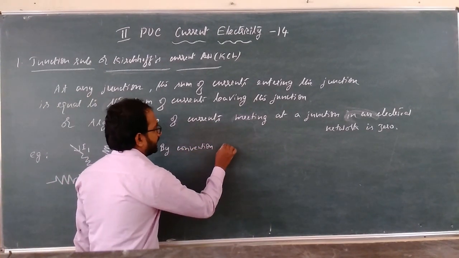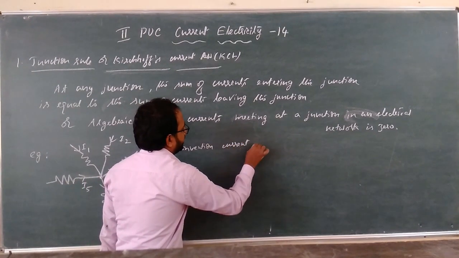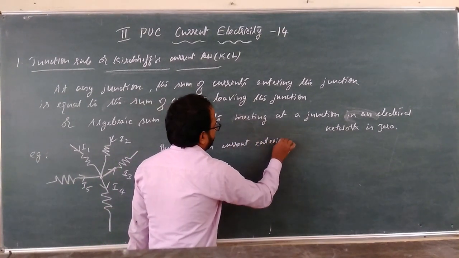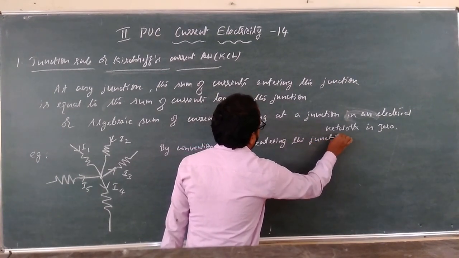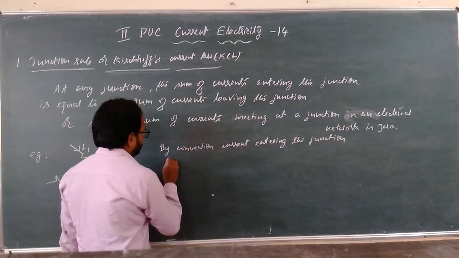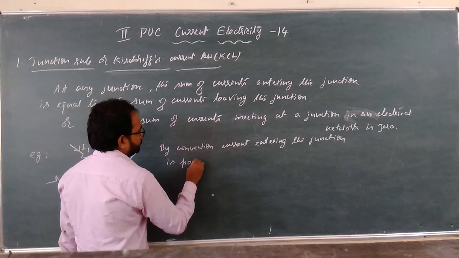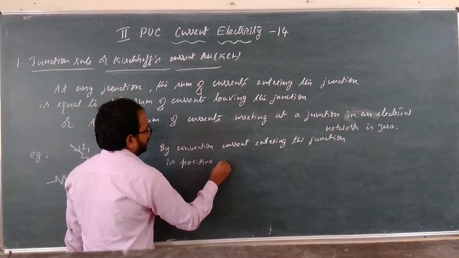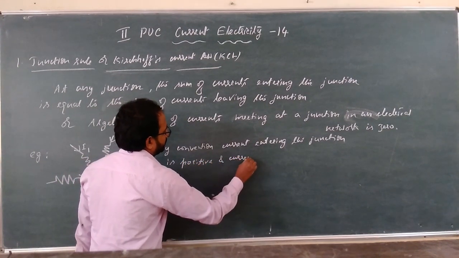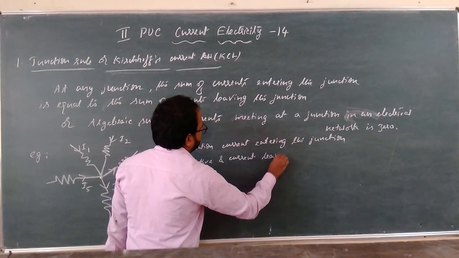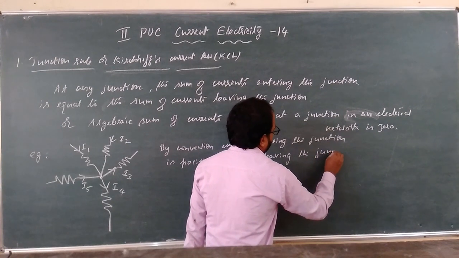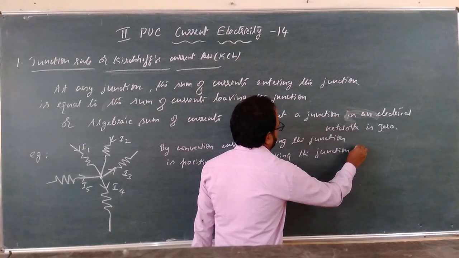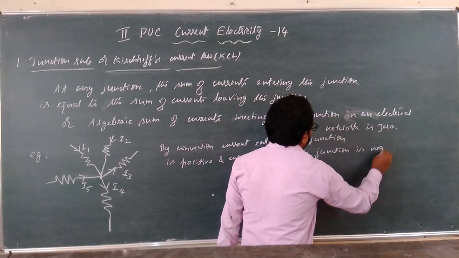So by convention, current entering the junction is positive and current leaving the junction is negative.